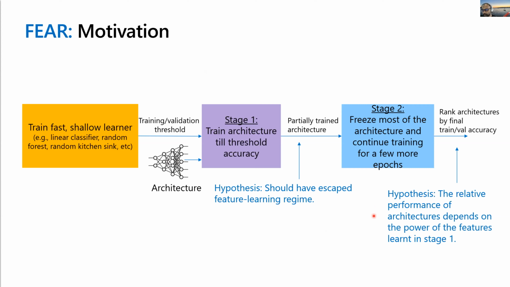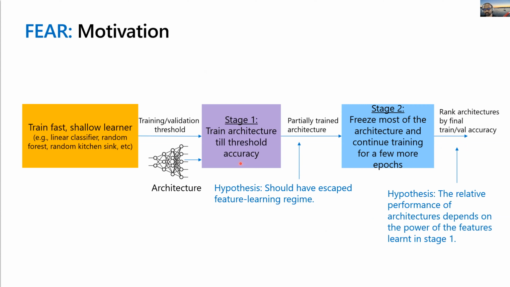The hypothesis here is that the performance of your architecture depends upon the power of the features learned in stage one. So if this is a very bad architecture, the features it will learn in stage one are not going to be that great. So the classifier training in stage two is not going to be as powerful, which will be reflected in the final train and validation accuracies.